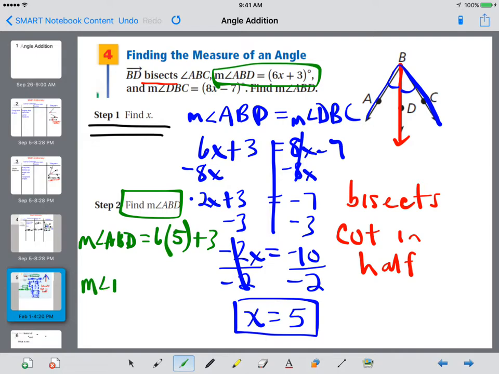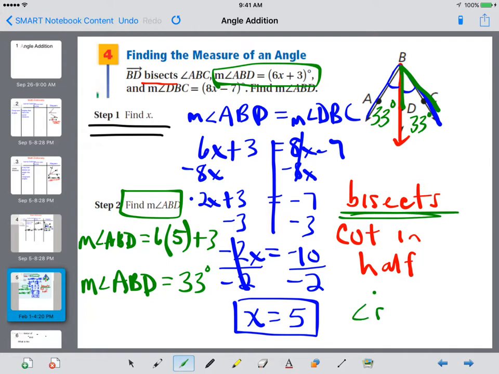So the measure of angle ABD equals 33 degrees. So if that's 33 degrees, angle DBC here would also be 33 degrees. Whenever you see this word bisects, that means the angles are equal measure.